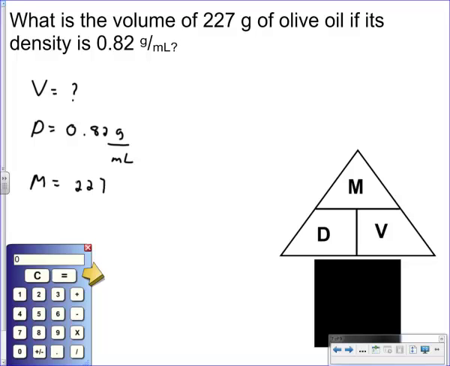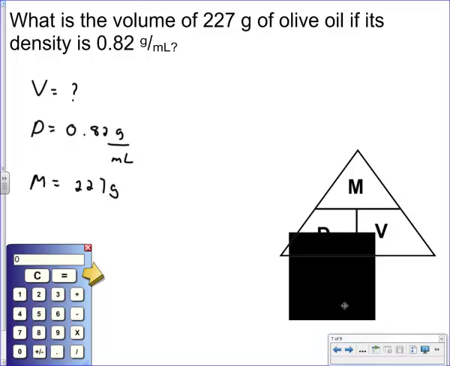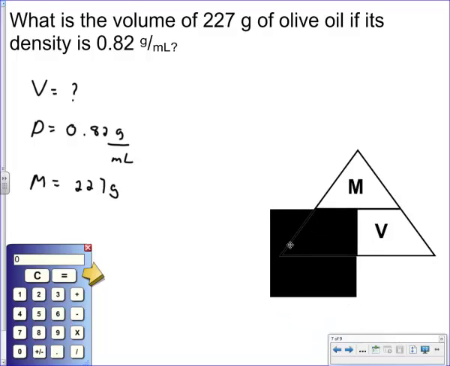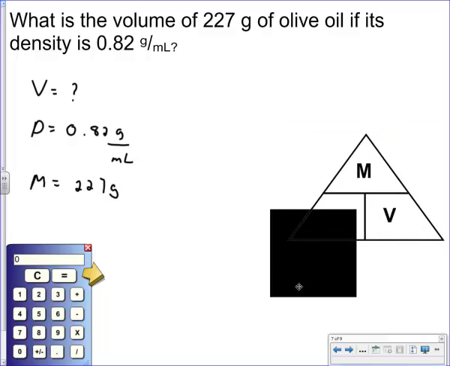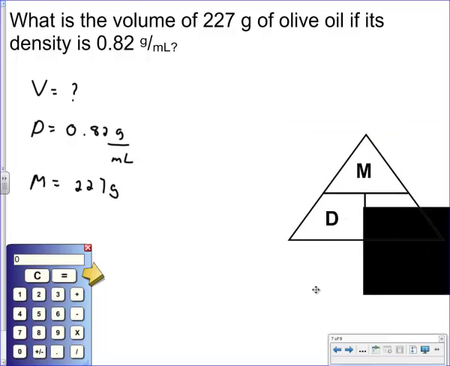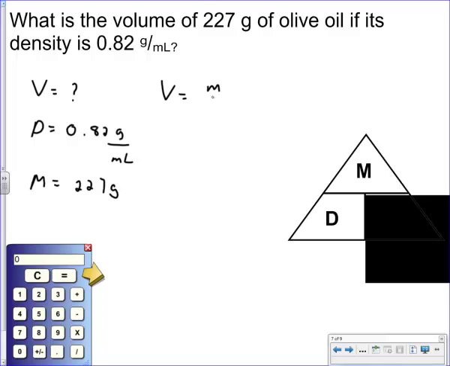So now I have to come up with my plan. So I'm going to use my triangle, cover up the V this time, sorry, not the D, but the V. And to solve for volume, it looks like I need to do mass divided by density. So volume equals mass divided by density.